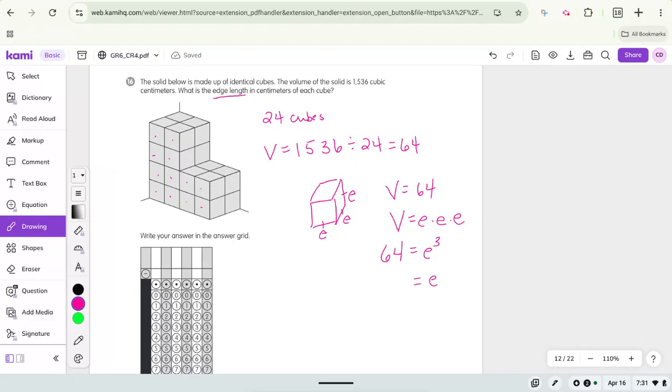So I need to know what number multiplied 3 times gives me 64. In other words, what is the cube root of 64? It turns out to be 4, because 4 times 4 times 4 is 64. So each edge is 4 units. So the answer is 4. Boom.